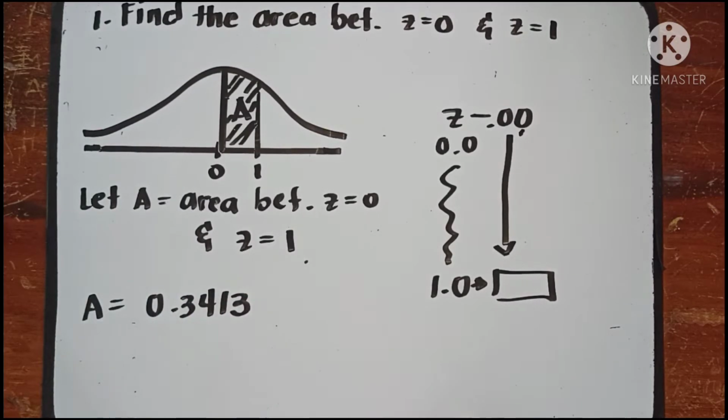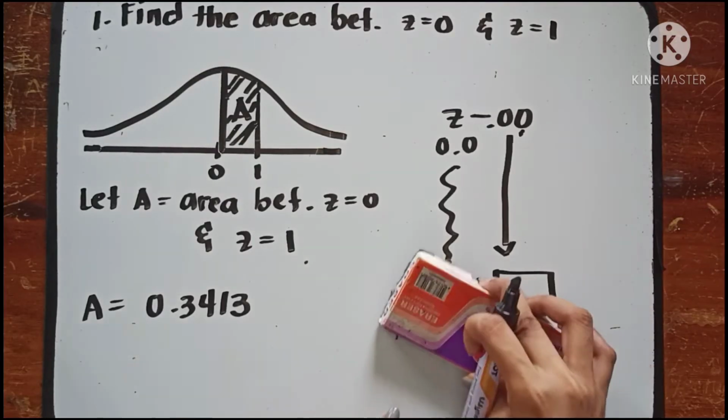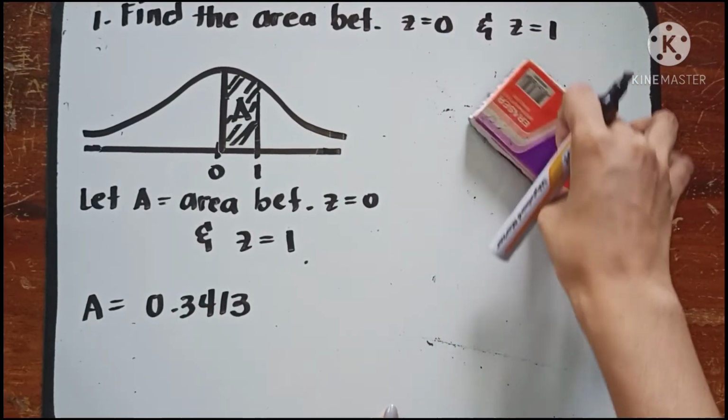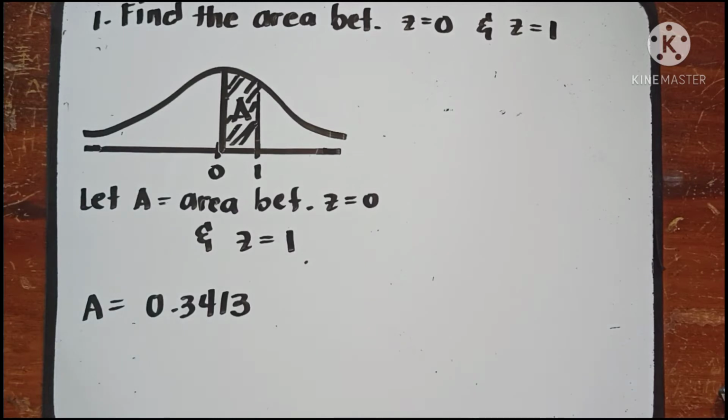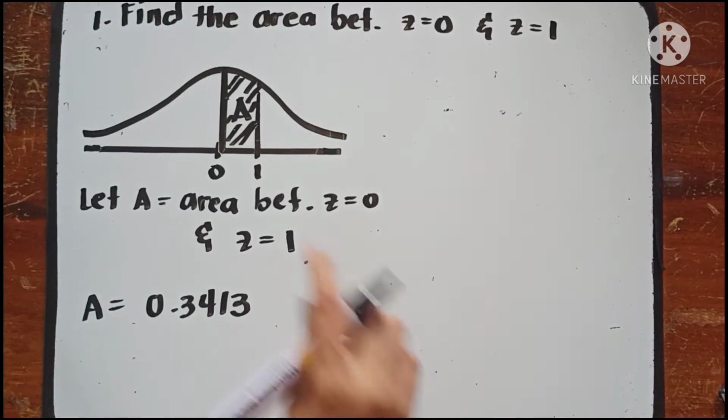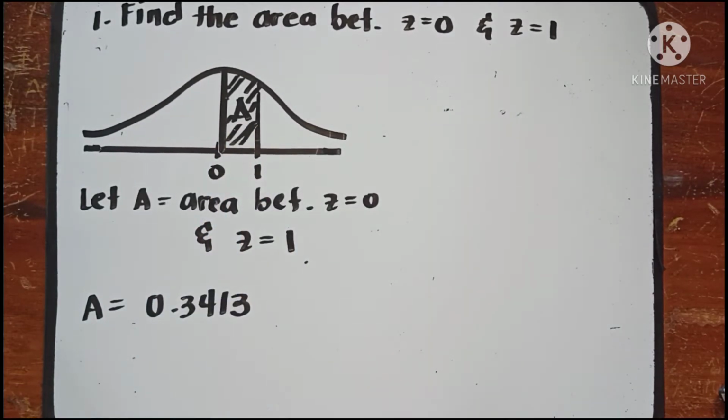Okay? So, yun yung nakuha natin sa z-table. So, kapag ganito ang given, wala na tayong kailangang i-compute. Ang sagot na po is A is equal to 0.3413.